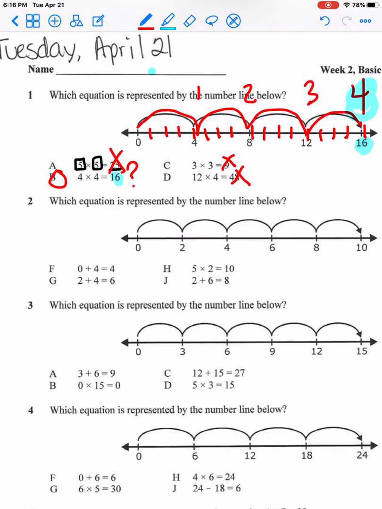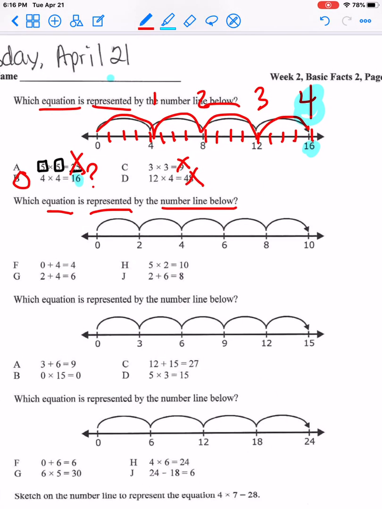Look at number 2. Which equation is represented by the number line below? Equation represented, number line below. That's our question. That's what they're asking me. Let me go ahead and analyze my number line. What is the product? Product is 10.